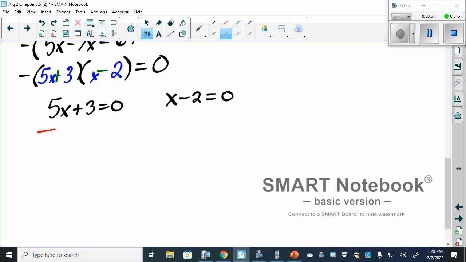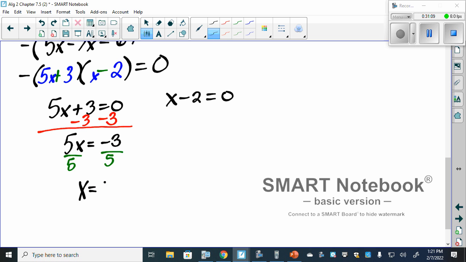Well, for the 5x plus 3, the first thing we can do is subtract 3 from both sides, which will tell us that 5x is equal to negative 3. And last but not least, we can divide both sides by 5, telling us x is equal to negative 3/5.